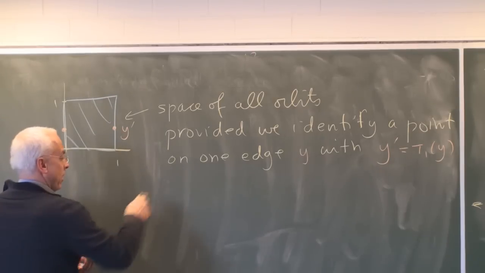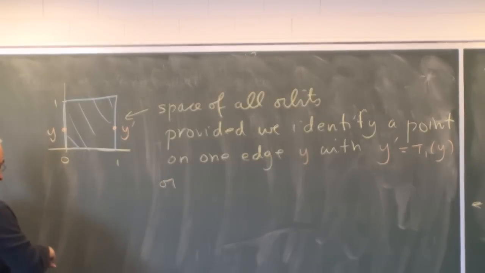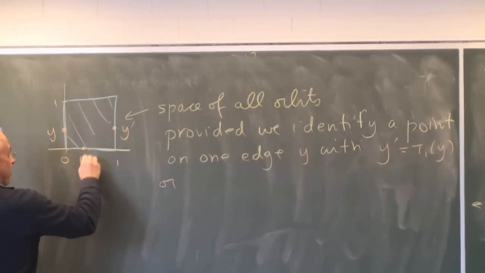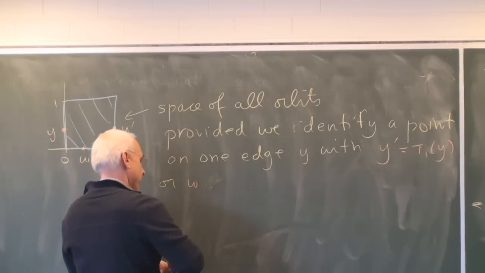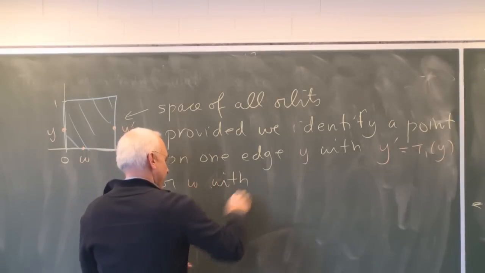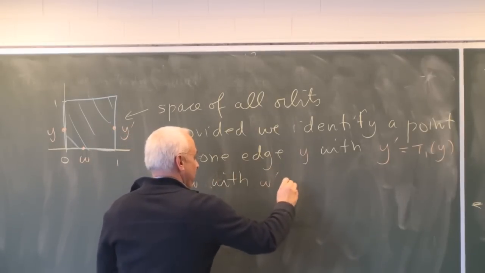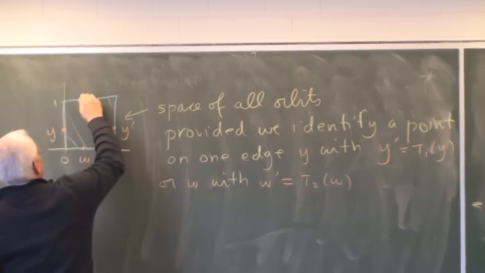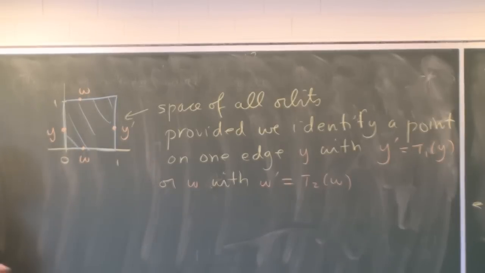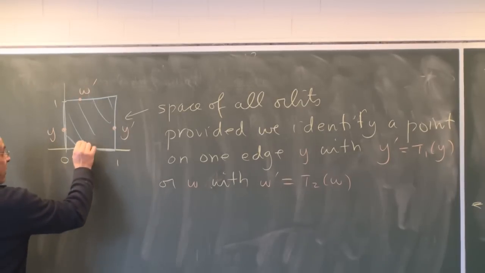Or point W down here, with W prime, which is tau 2 of W, which would be up here. So we want to identify these 2 points.